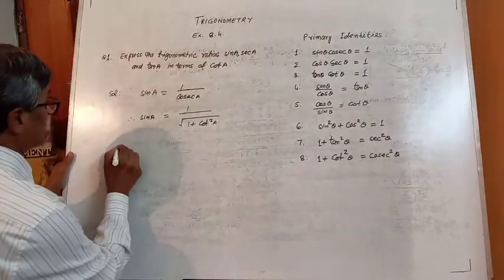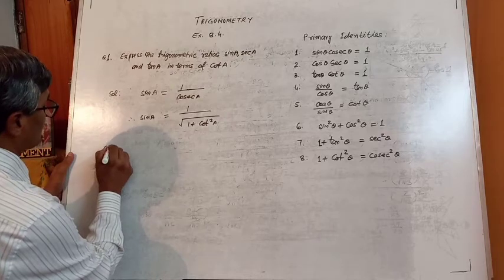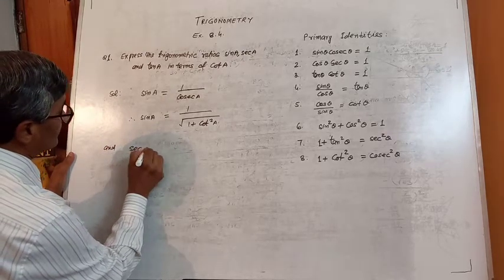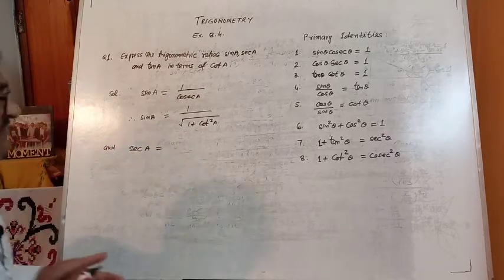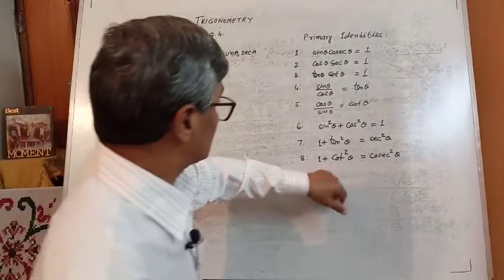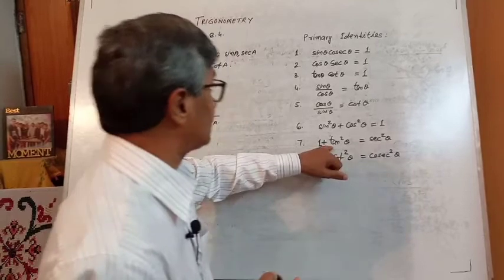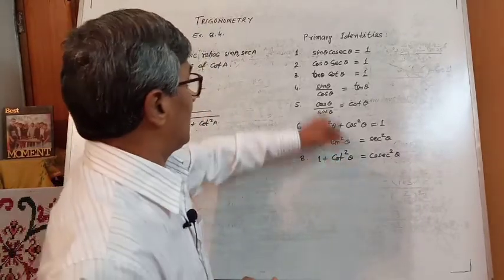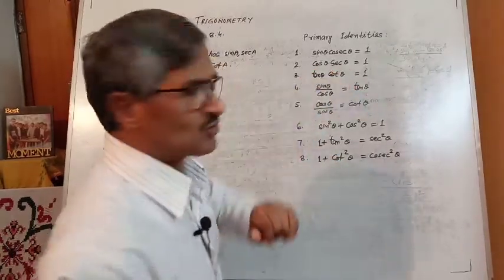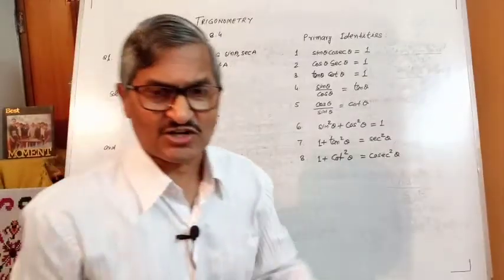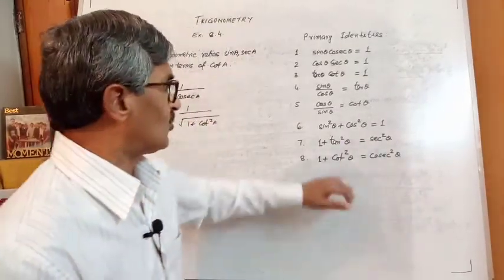Next, sec A. Sec A is related to tan A. Sec theta is related to tan theta, and sec theta is related to cos theta. Sec theta is also not directly related to cot theta.